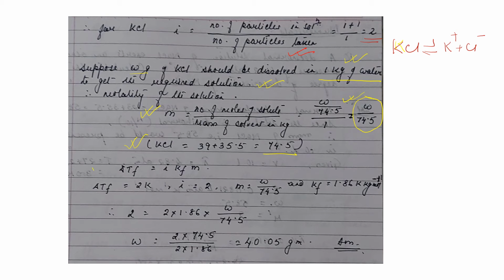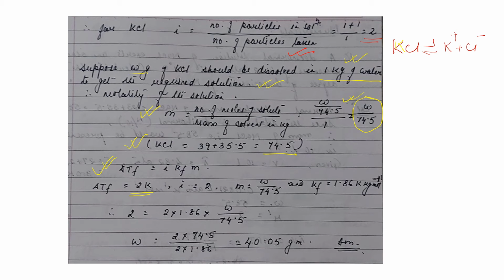Now, delta Tf is equal to i Kf into m. Delta Tf is given as 2 Kelvin because in the question it is given that 2 Kelvin should be depressed.